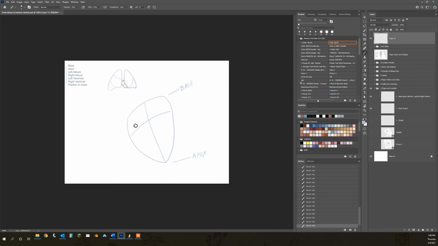The top sections are called the atrium. And you have your right atrium, because again, we're looking at the person's right, not the drawing's right, and the left atrium. And then we have the ventricles. And again, we have the right ventricle and the left ventricle.